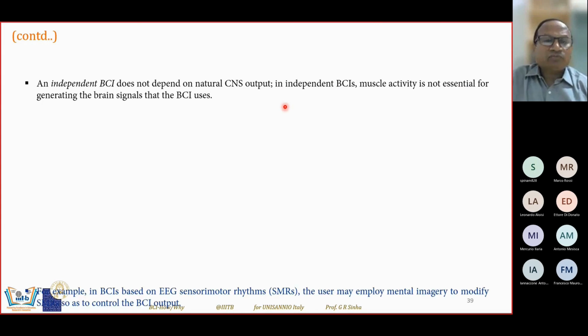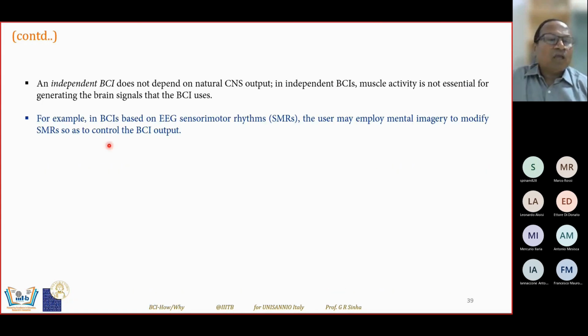So, for example, in a BCI based on EEG sensorimotor rhythms, called SMR, this is an example of independent BCI. The user may employ mental imagery to modify SMRs, the sensorimotor rhythms, so as to control the BCI output.